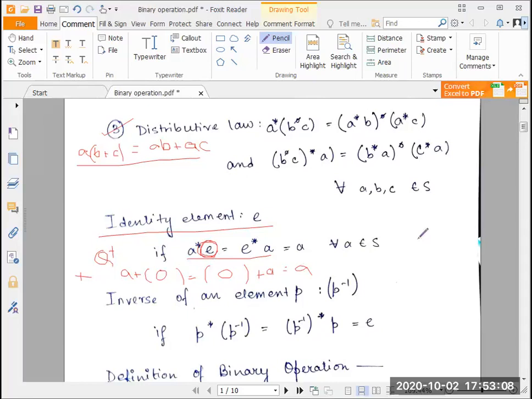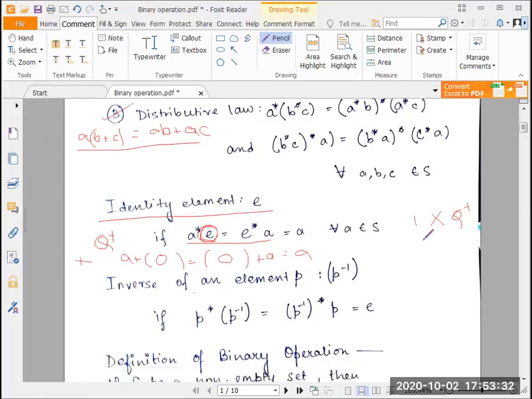You can try the same and you will find out that 1 is the identity element for multiplication on the set of positive integers. So any element multiplied by 1 is the same as 1 multiplied with any other element, and it will return me the element that I started with. So this is what I call the identity element.